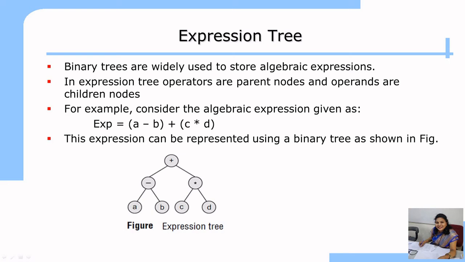B is at the right side of the minus, so B will be the right child of the minus. See here, C is the left child of the multiplication and D is the right child of the multiplication. A minus B plus C into D. You can read the expression using this tree.